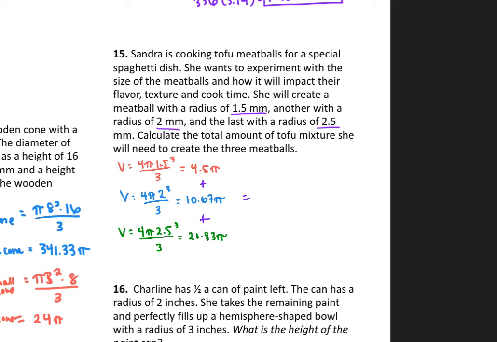So 4.5 plus 10.67 plus 20.83, we get 36 pi millimeters cubed. So there's my answer in terms of pi. And then we're going to multiply by 3.14 to get my approximate, which is 113.04 millimeters cubed.